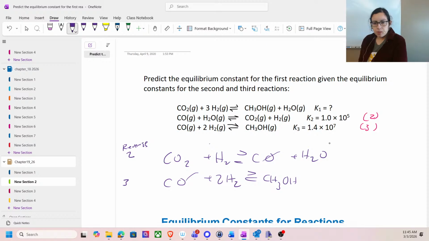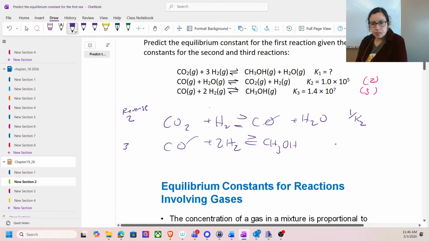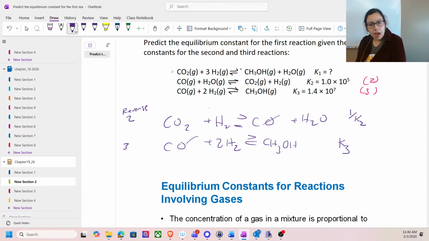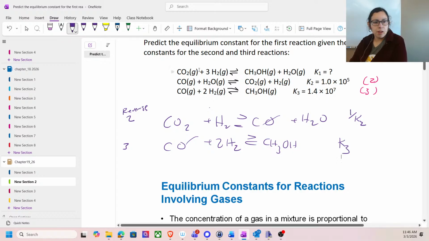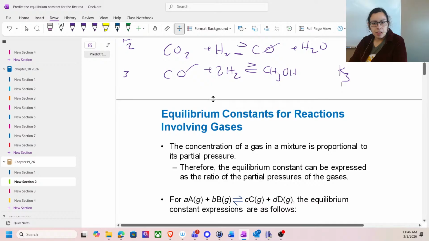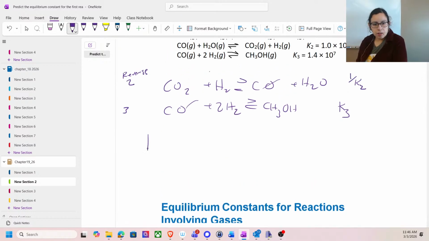We flipped 2, so our new K is 1 over K2. And 3 is still the same, so it's still K3. And if we add 2 equations together, then the K that we're looking for is just the product. So our K1 is just equal to 1 over K2 times K3, correct?